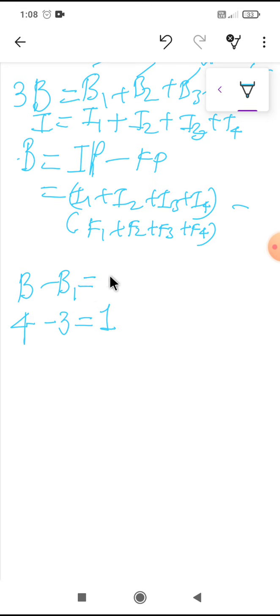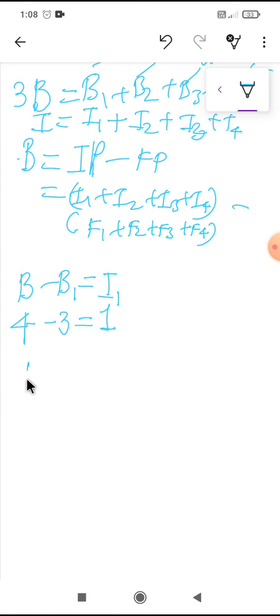That is the indicated power I1. So we get how much power is generated when only one cylinder works.